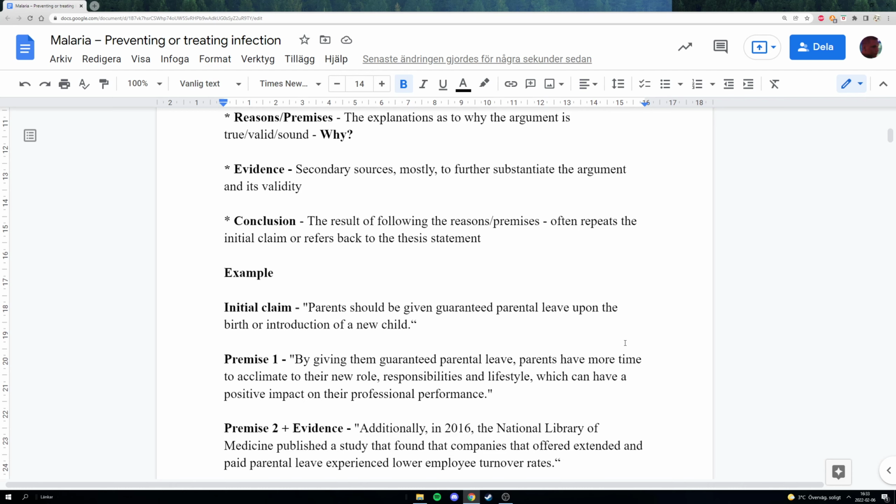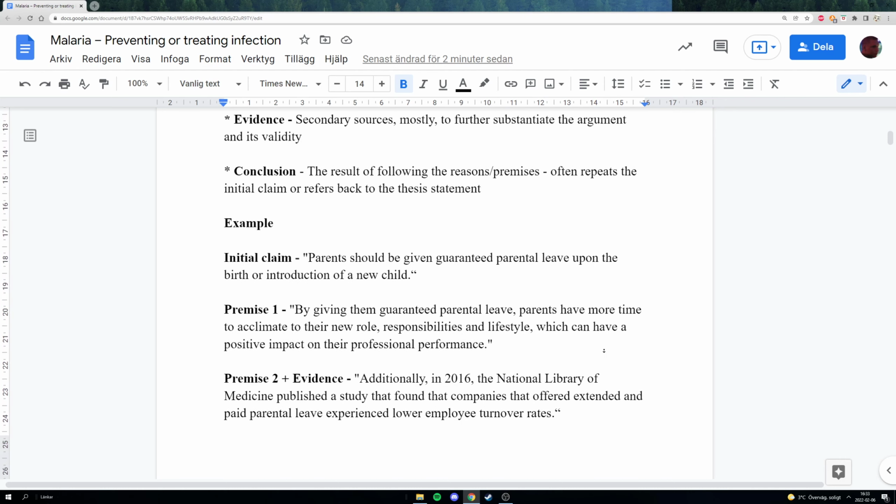Secondly, we have the second premise where we also introduce a piece of evidence. There we say that additionally, in 2016, the National Library of Medicine published a study that found that companies that offered extended and paid parental leave experience lower employee turnover rates. So that's an additional answer to the question why.